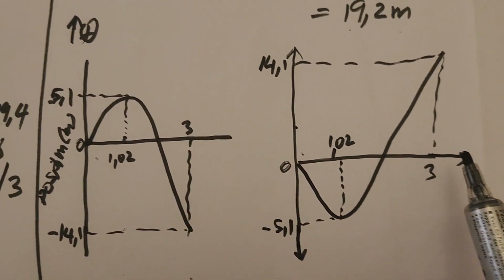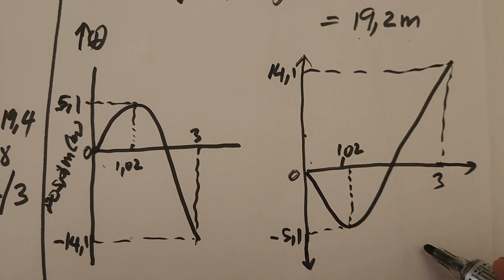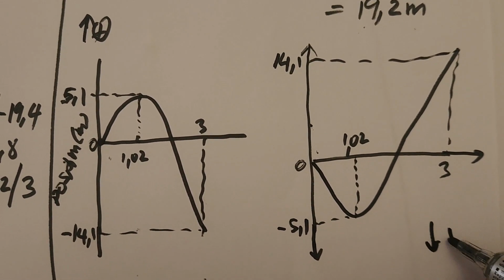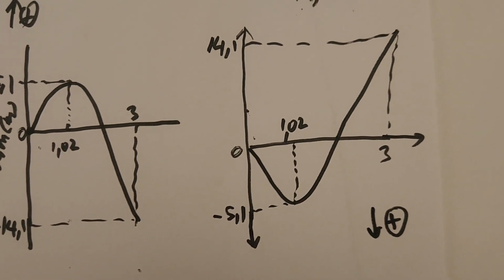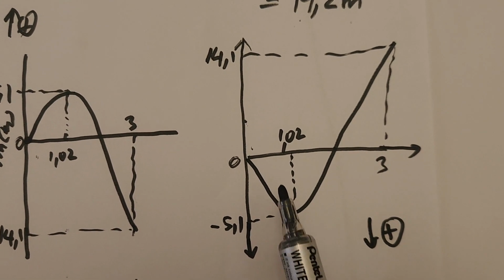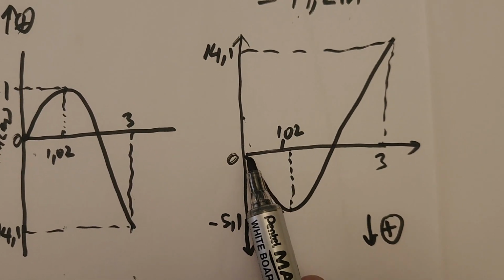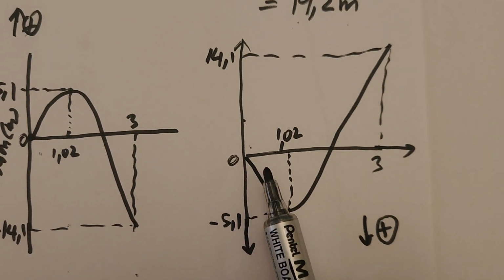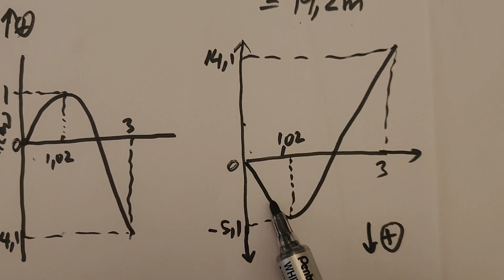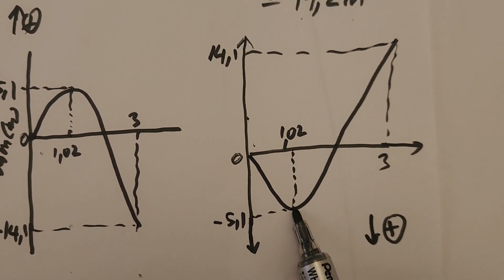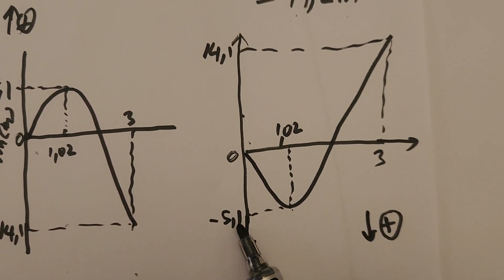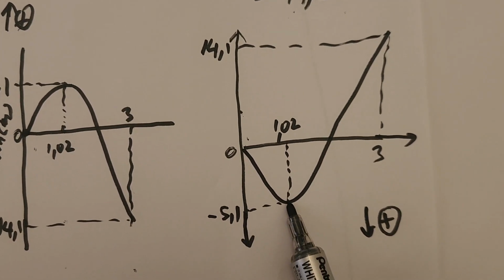The second part, when we take downward as positive, then it means that from the cliff, because the velocity was going up, it will go in the negative direction. That's why the slope of the line will be negative up to the highest point, which is 5.1 meters above the cliff.